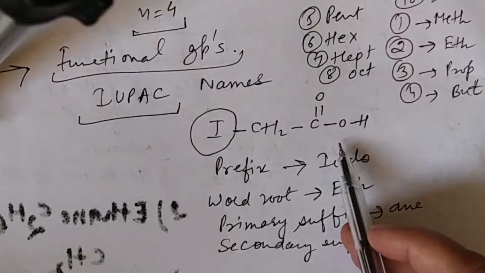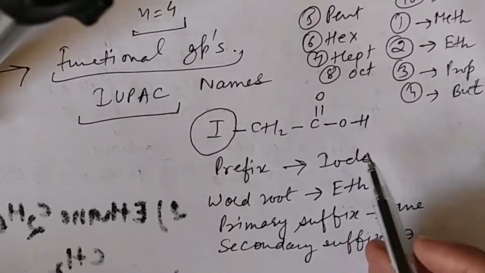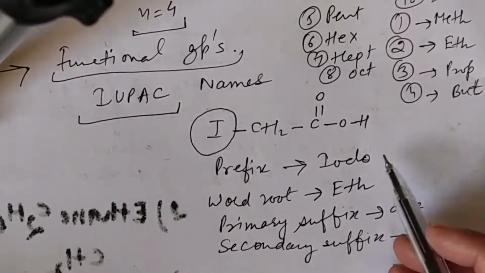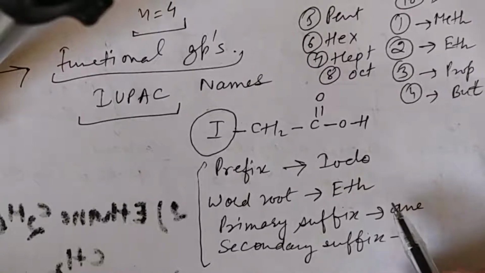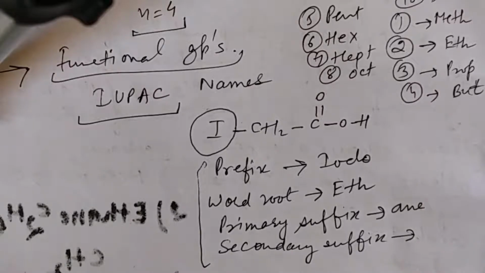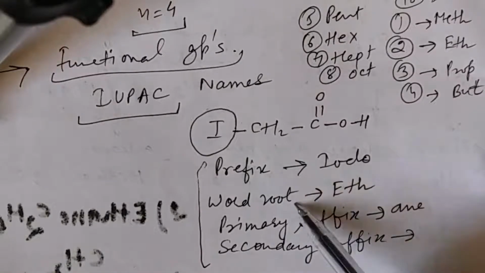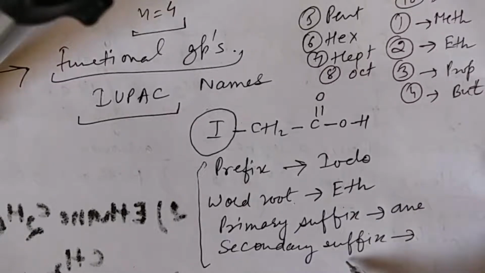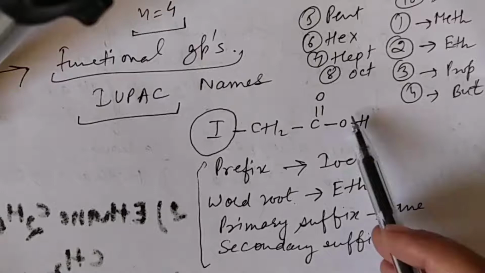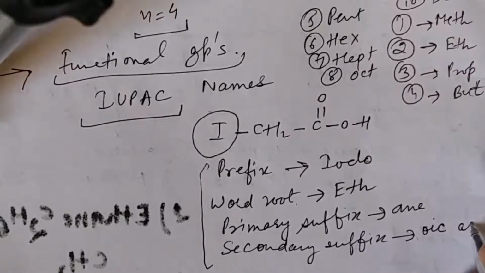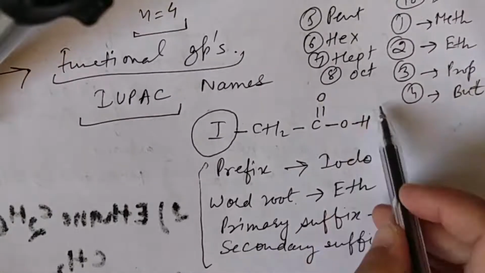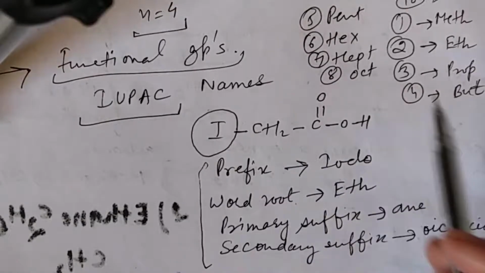We will discuss the families of functional groups shortly, but in this topic we are discussing the rules for writing the IUPAC name of a compound. First you write the prefix, then the word root, then the primary suffix, then the secondary suffix, which goes with the name of the functional group, which is oic acid, because this is the functional group of carboxylic acid, and from carboxylic acid we only take oic acid.